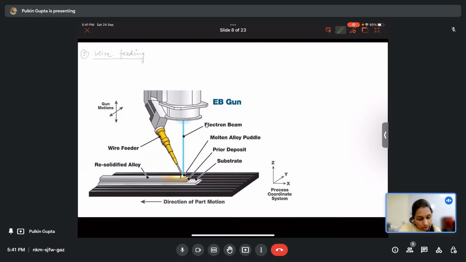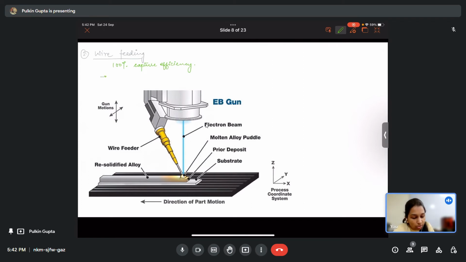Okay, now another system is wire feeding. So the major benefit of wire feeding system is you have 100% capture efficiency. Okay, so 100% of the feedstock is used, and so this is very effective for simple geometries, coating of surfaces, or places where porosity is acceptable.